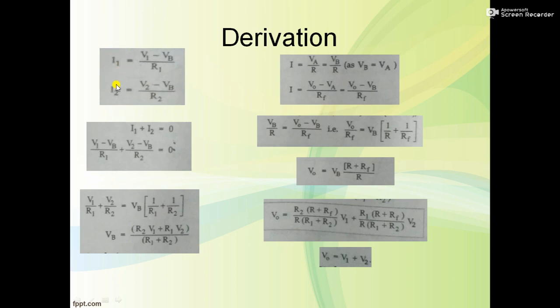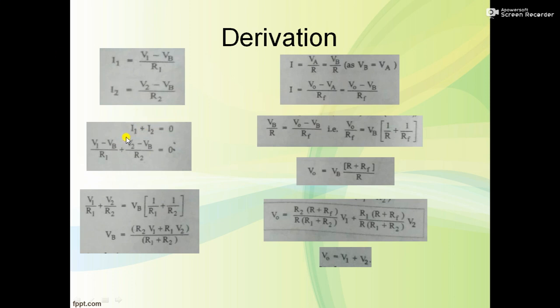Consider I1 and I2 according to the circuit diagram: (V1 minus VB) by R1, (V2 minus VB) by R2. And one more thing, remember that when the current comes exactly at node B, that current would flow in the internal part of the op-amp. According to the op-amp characteristics, the input current is equal to 0, so we take I1 plus I2 equal to 0.